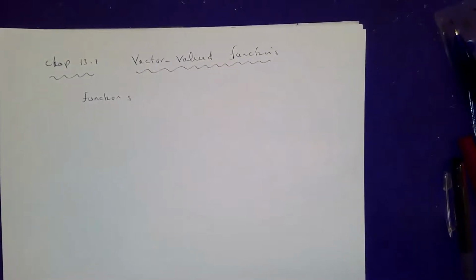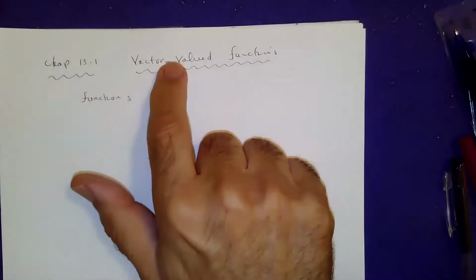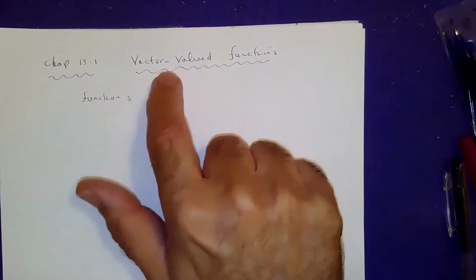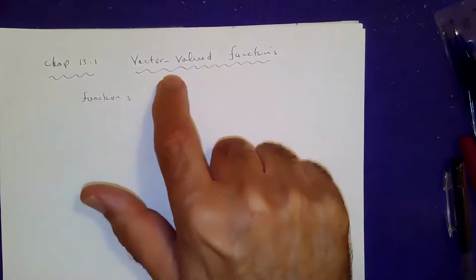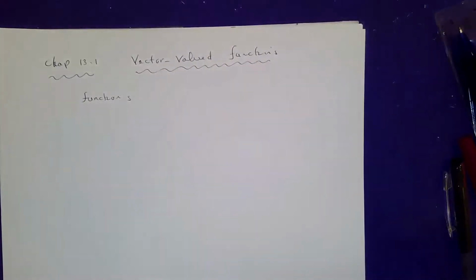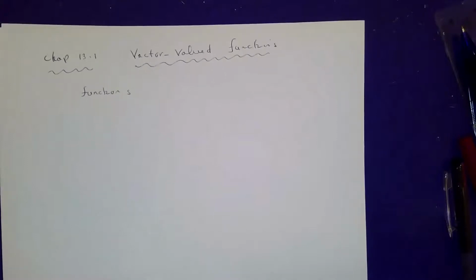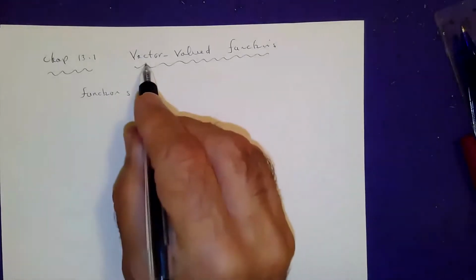That's what we have been dealing with so far in previous classes, but in this class we're going to learn about vector valued functions. What do you make of it?